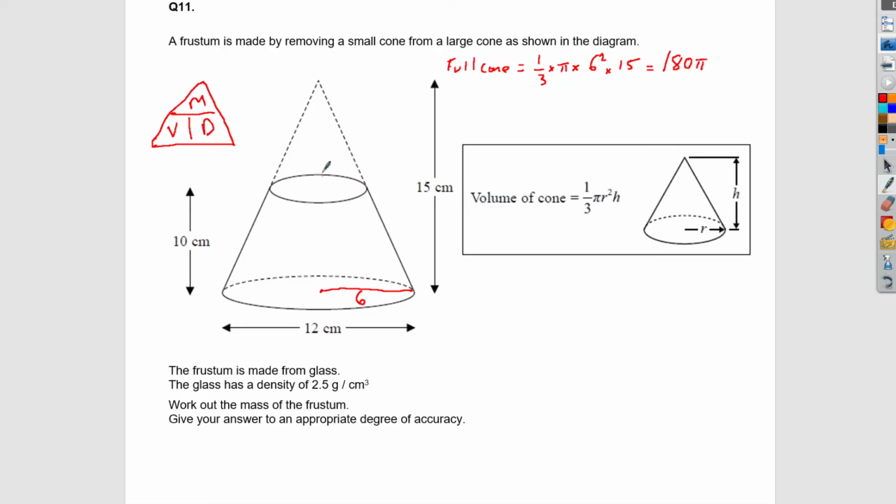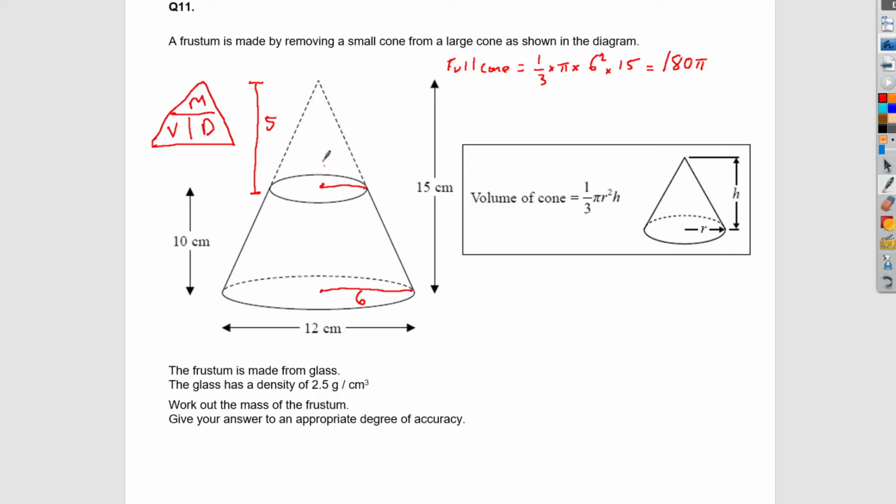Okay, so now let's just take this smaller cone. If that's 10 for the frustum here, and the smaller cone, 10 take away from 15 is 5. Okay, that's 5, and we just need to know what the radius is here.